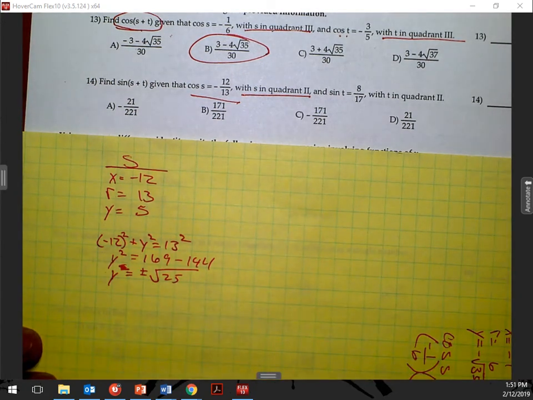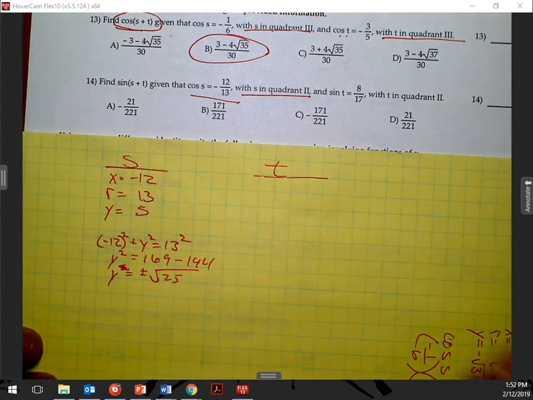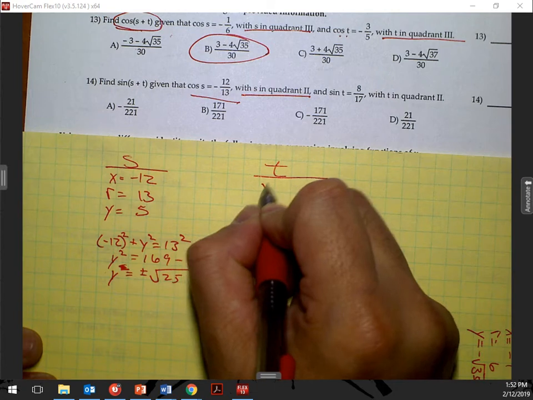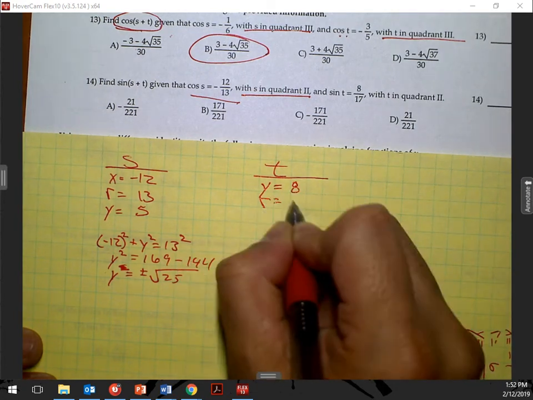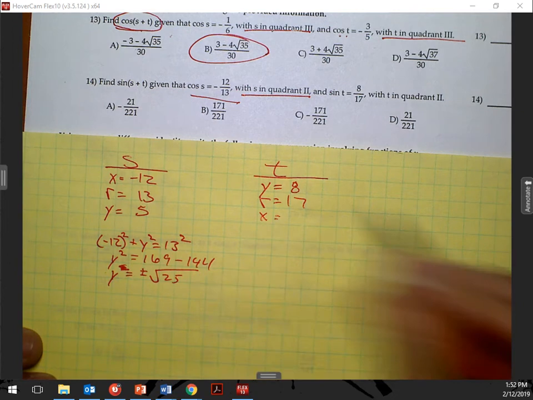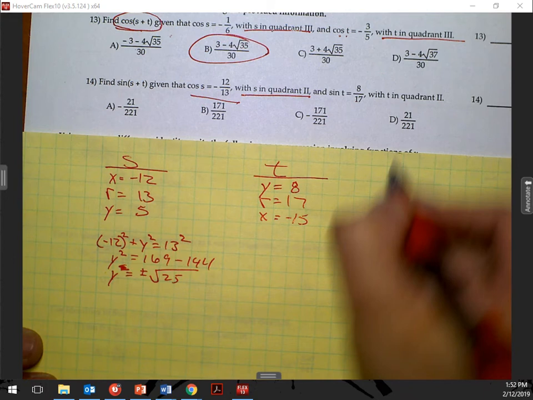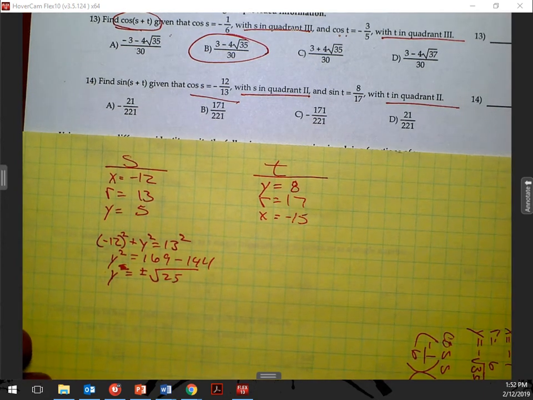Does that make sense? Okay, good. All right, time for t. So now t, so my sine, so y is, r is, x is 15. Are you sure? Why is it negative 15? Oh yeah. It's in quadrant 2. X values are always negative in quadrant 2, right?